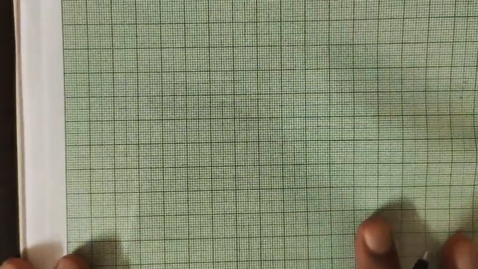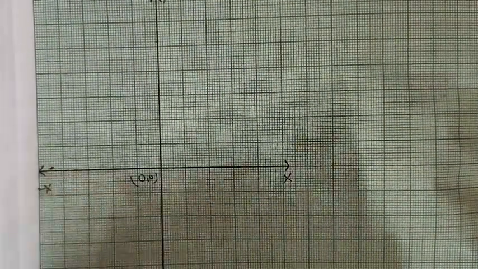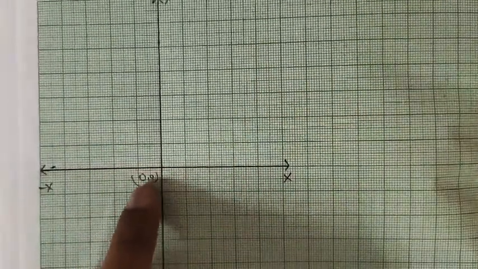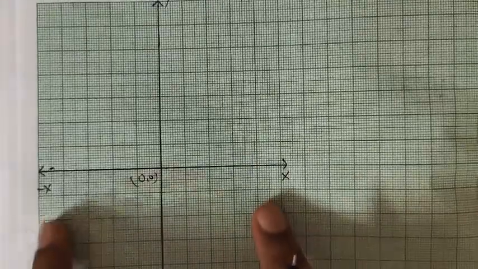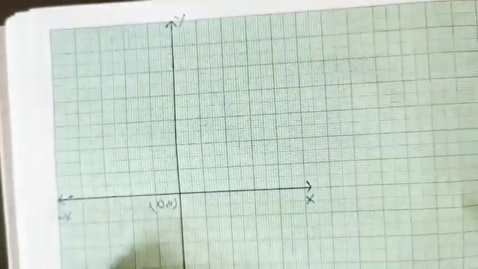So this is a graph paper, right? So three solutions we have. Now I have drawn the coordinate axes, x-axis and y-axis. The point of intersection is the origin, x'x, y'y. Now the pairs of points are 0 comma 6, 1 comma 4 and 2 comma 2.